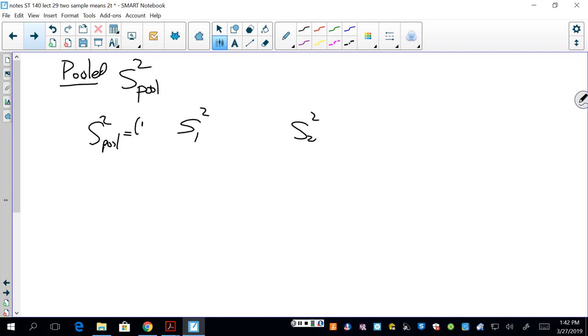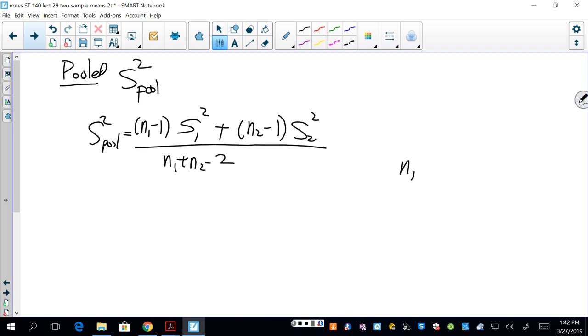Multiply by the degrees of freedom, n1 minus 1, and this one gives n2 minus 1, because you might have different sample sizes, and divide by the total, n1 plus n2 minus 2. n1 minus 1 plus n2 minus 1 is n1 plus n2 minus 2. So that's our common estimate of the variance.